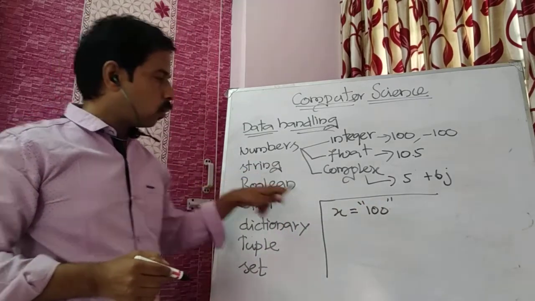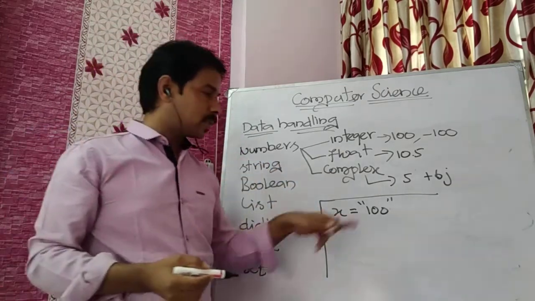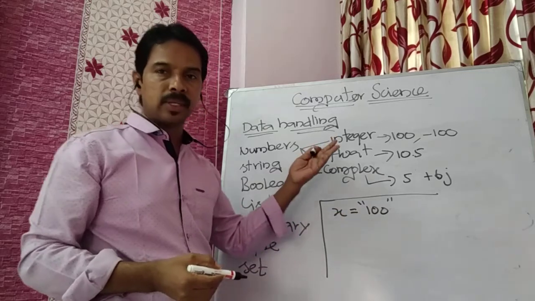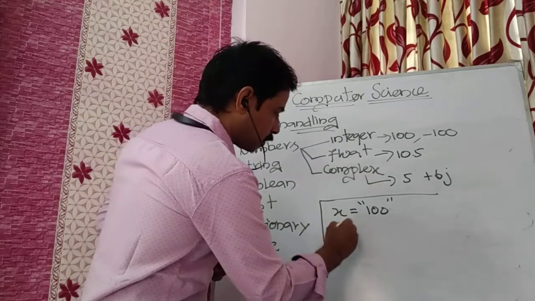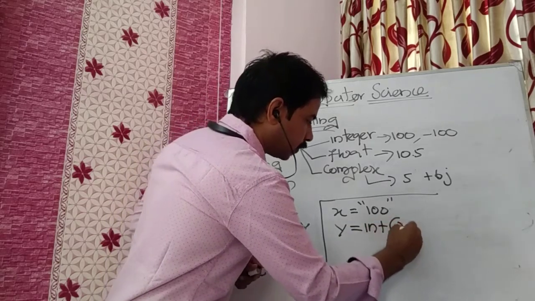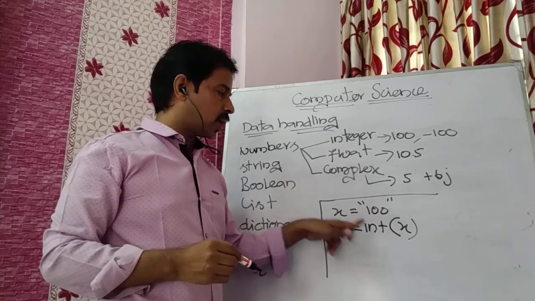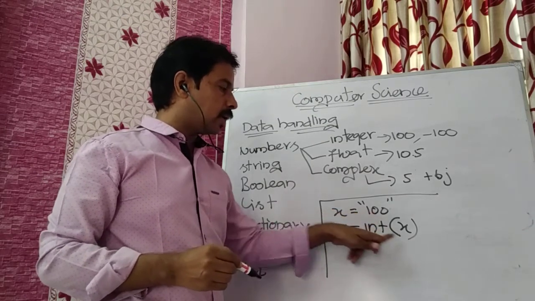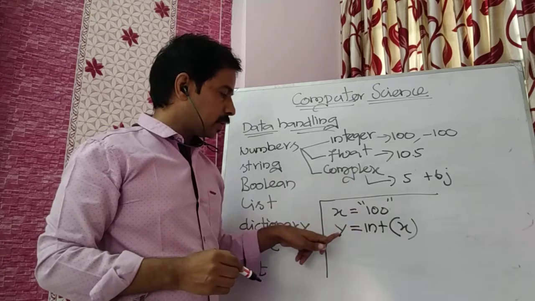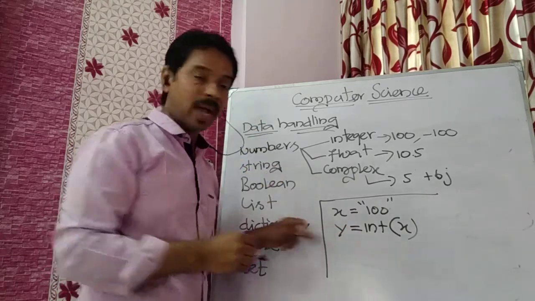Now we are seeing about integer, so we need to convert this string into an integer. We have an option: y is equal to int of x. This is the procedure to convert a string into an integer. That integer value will be stored inside y.